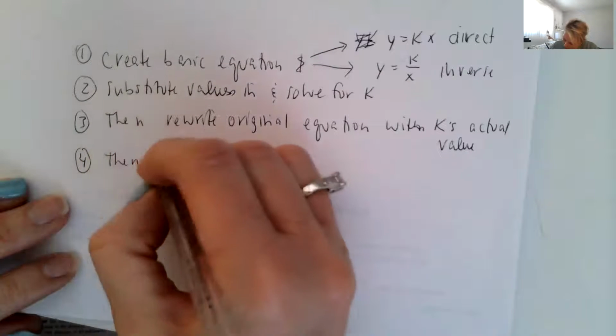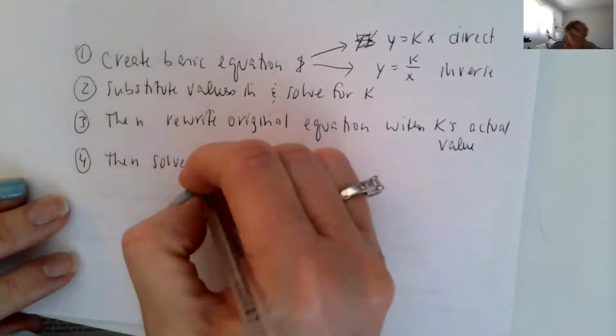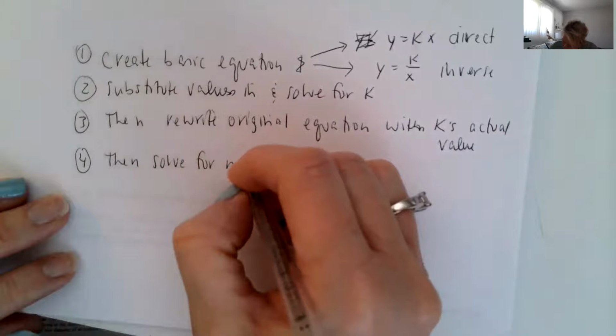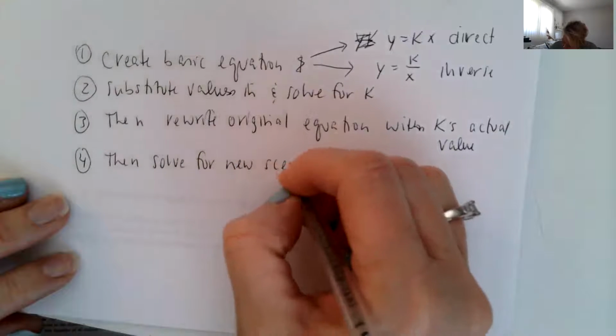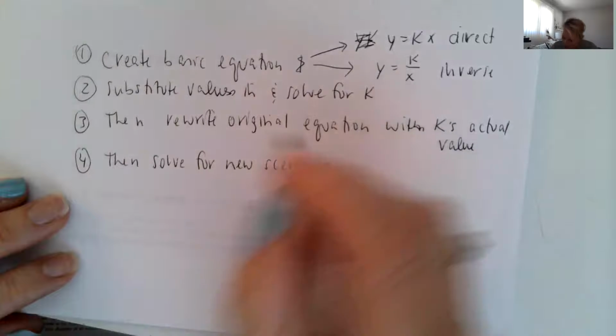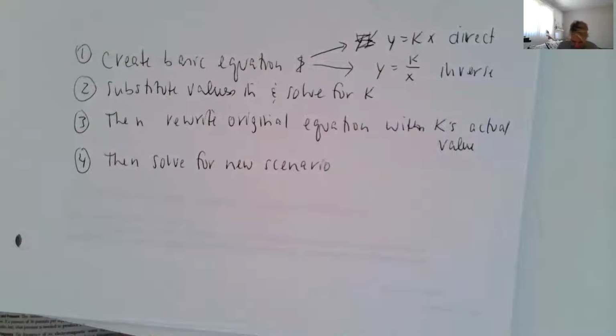Then you're going to solve for the new scenario. So let's look at a story problem. Actually, I had a couple other ones I wanted to look at, 13 and 17.